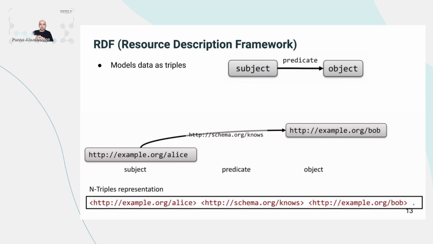For instance, if we want to say that Alice knows Bob, then we have a subject Alice, a predicate knows, and an object Bob. The reason you see URL-style names here is because RDF defines every entity formally as a URI, a unique resource identifier.